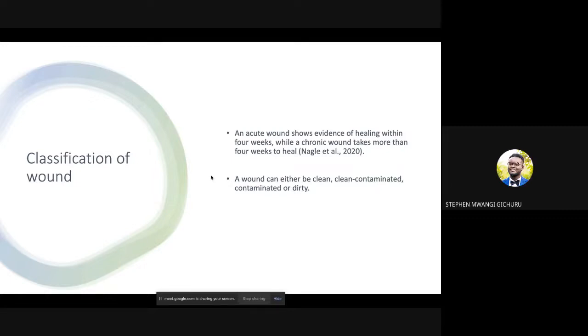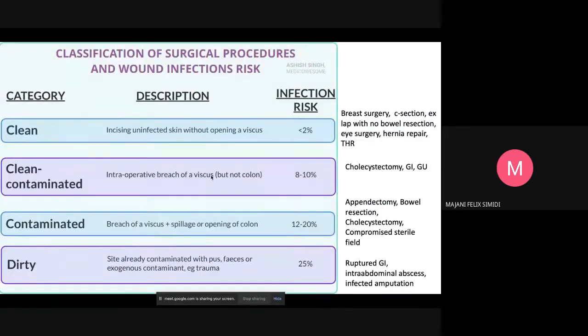Okay. Maybe you can have Felix Majani. Felix, is there an opinion you have? So for clean wounds, these are wounds that are uninfected. They don't have any inflammation, and they are sterile.